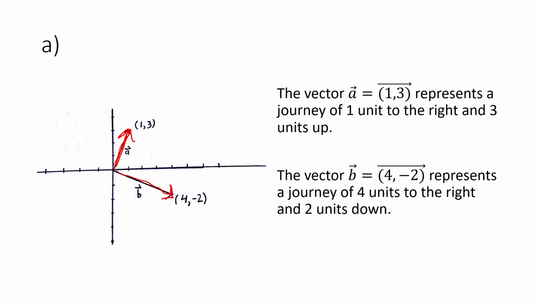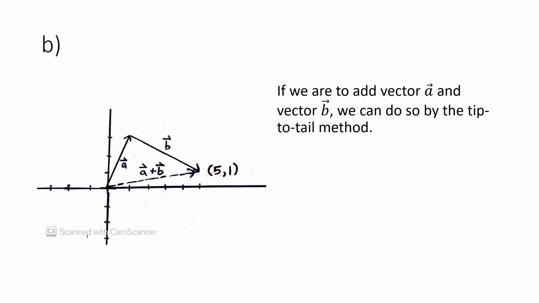Well, if I want to add those vectors, then I start at the origin, do my journey of 1 unit to the right, 3 units up, and then do my journey of 4 units to the right, 2 units down, and find out what the resulting journey is, that is the boldest of the three vectors shown. Well, if you just count squares, you'll see that you end up at the point 5, 1.